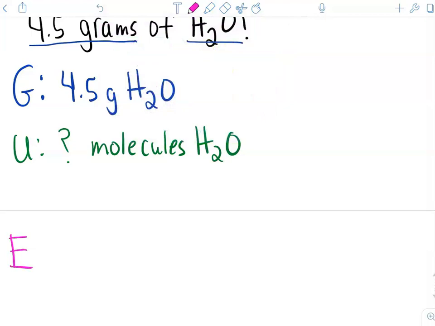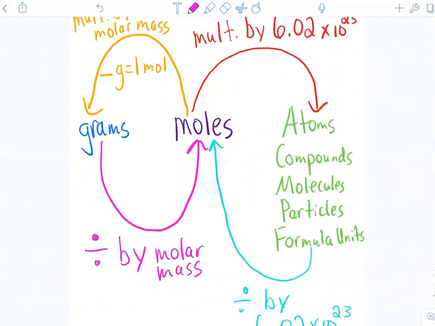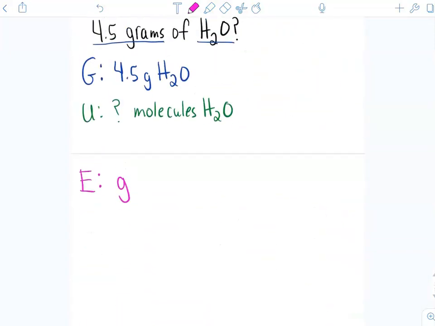So we're going to start out with grams. And our middleman, so to speak, is going to be moles. So we're going to start with grams and go to moles, which means that we have to divide by our molar mass.